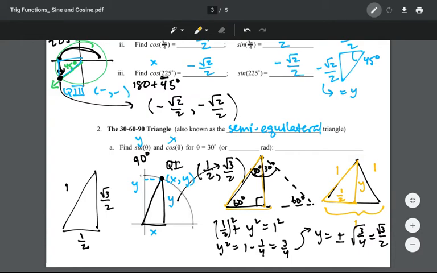The way that I remember how these are placed is that the longer side, the radical 3/2, is across from the bigger angle, 60 degrees. The smaller side, which is 1/2, is across from that 30-degree angle. Okay, so I want to find the sine and cosine for 30 degrees.